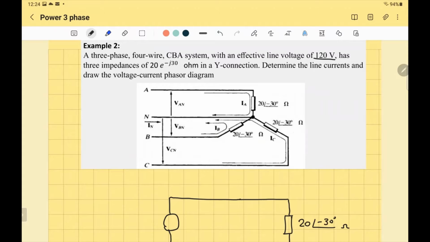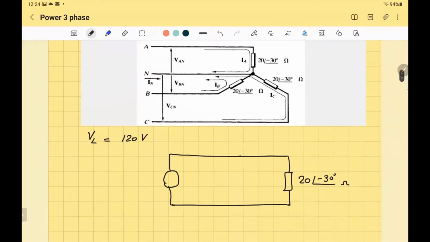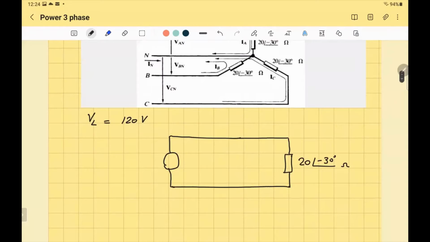The line voltage is equal to square root of 3 times the phase voltage. So now we want the phase voltage because the line voltage is given. So line to line was given as 120 volts. I don't care about the angle now, I just want to find the magnitude because I'll assume the angle. So the phase voltage will be equal to 120 divided by root 3.